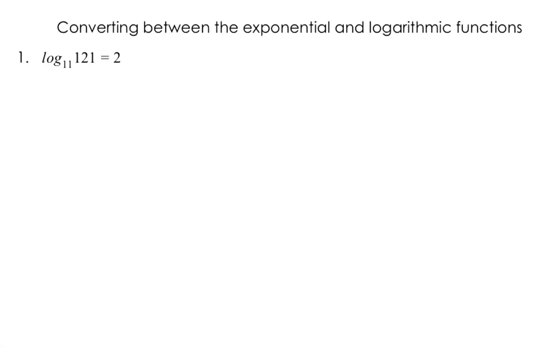So the question reads, log base 11 of 121 equals 2. To convert that to exponential function, we first need to identify the parts of the logarithm: the base, the argument, and the answer.